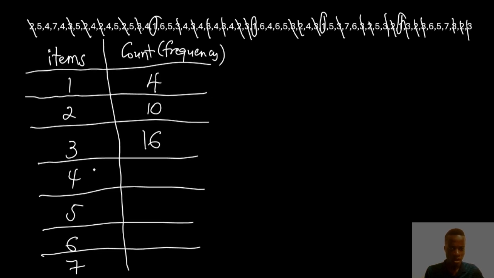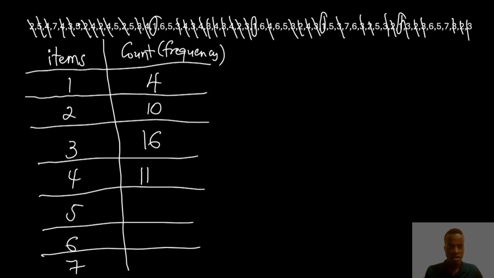Then what do we have? 4, right? Let's ask 4. 1, 2, 3, 4, 5, 6, 7, 8, 9, 10, 11. Yeah, can we find 11 of the 4s? Yes. Let's go to 5.